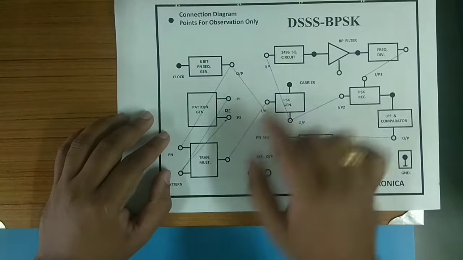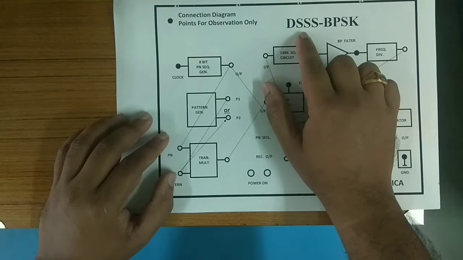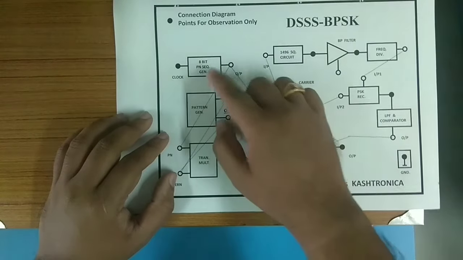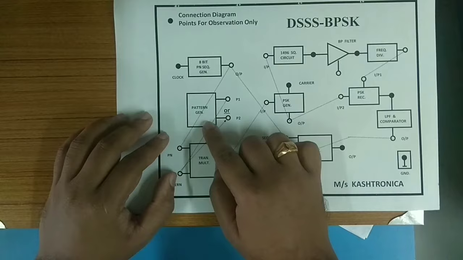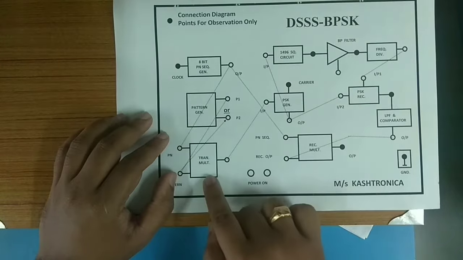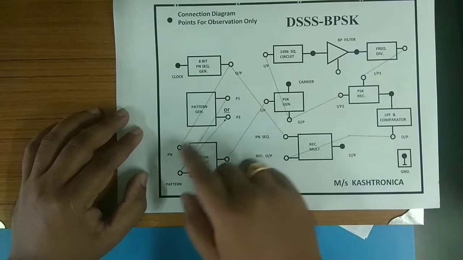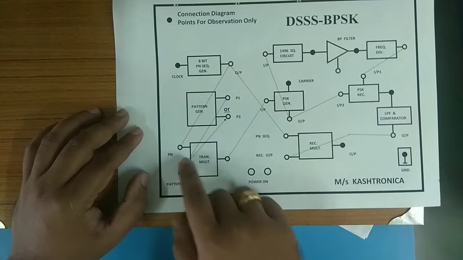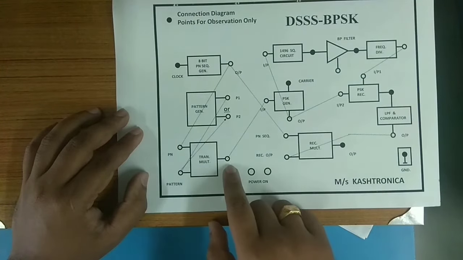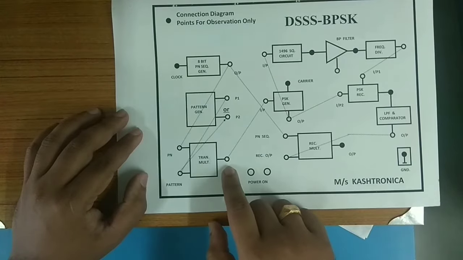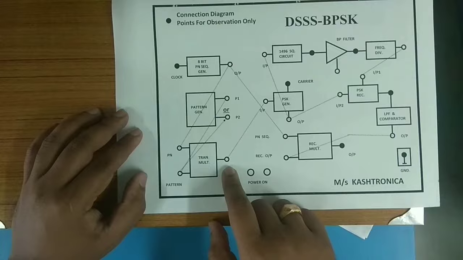To generate the DSSS signal, we multiply these two signals, the PN sequence with the pattern generator. This is the multiplier. In this multiplier, two signals are given: one is the pattern generator, another one is the PN sequence. The multiplied signal is the DSSS signal, direct sequence spread spectrum.